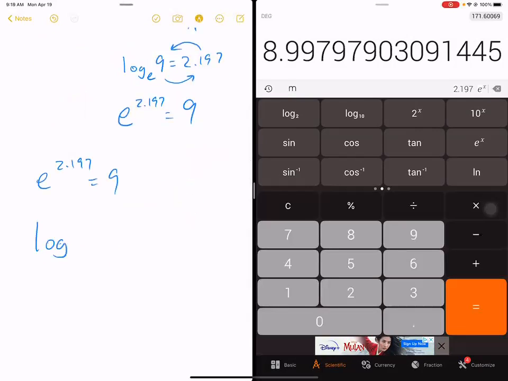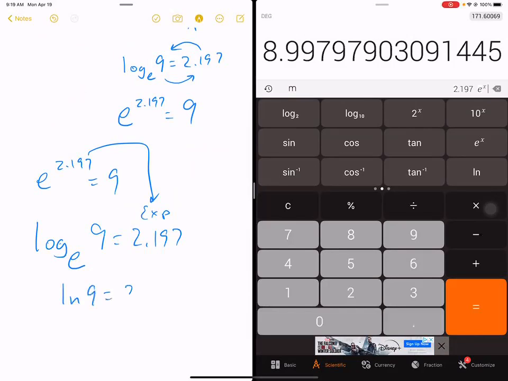Log base e of 9 is equal to 2.197, because remember, this is my exponent. Logs always solve for exponents. If I want to write this as a special log with a base e, this can be changed to natural log of 9 equals 2.197. So we don't freak out about natural log. Natural log is just our log, but with a special base, our base e.